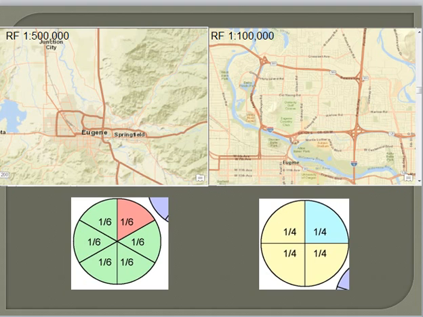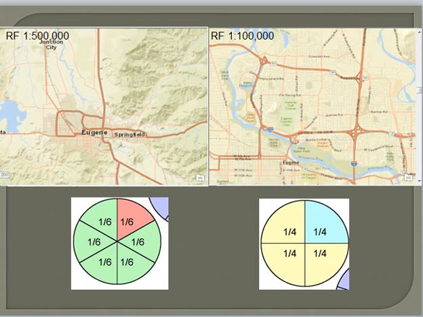So the representative fraction for the map in the upper left-hand corner is 1 to 500,000. The representative fraction for the map on the right is 1 to 100,000. So you can see that the map on the right is a larger number.